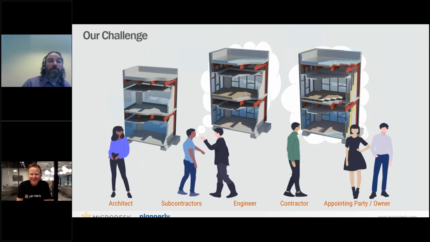Now, some of the challenges that we typically run into on any project is going to be related to communication. So one person is thinking of one thing, they're explaining it to another, and maybe they have an idea of what they're talking about, but their idea doesn't quite jive up, or they understand it, but they go in a different direction, or two people know about it, but the third doesn't quite get it.